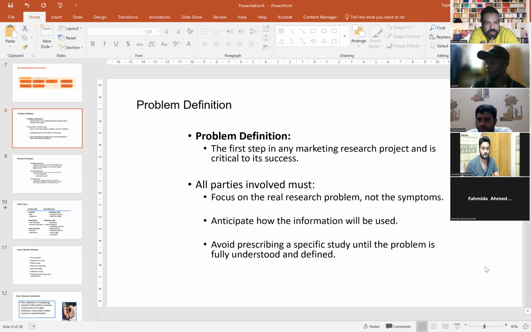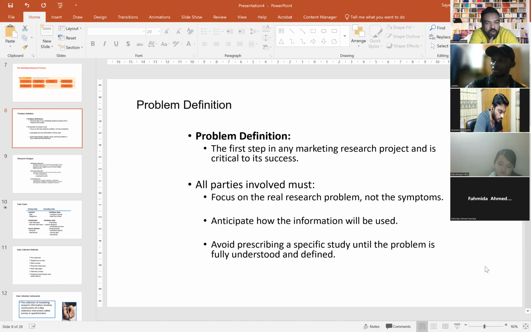But BRAC University had a strange problem. BRAC University had a good problem. The problem was the student enrollment was getting higher and higher day by day. Now, this sounds like a very nice problem to have, but sometimes this could even be a bigger problem, because when you have over capacity, that could also be a problem.